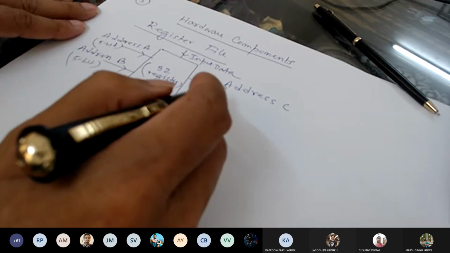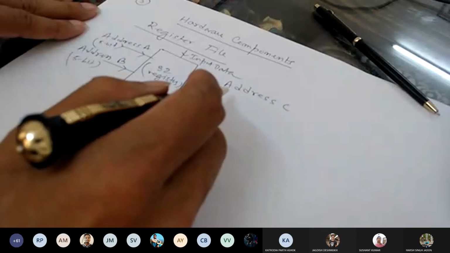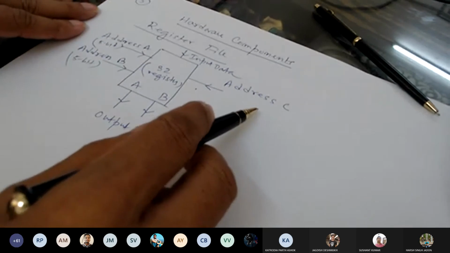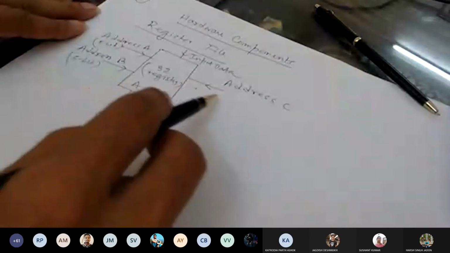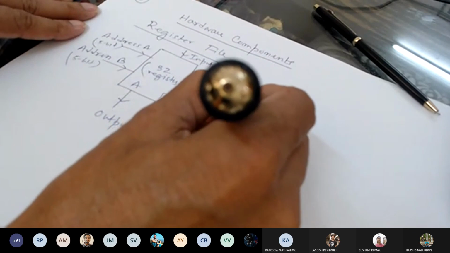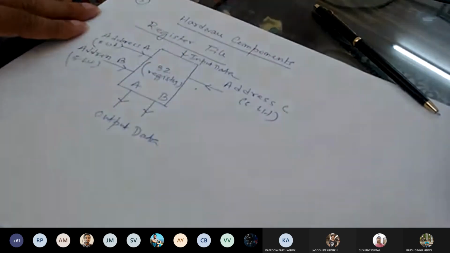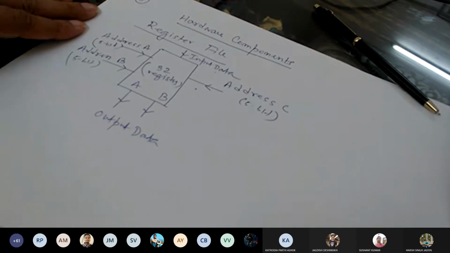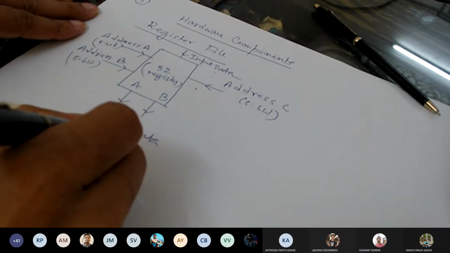Any value which will be written back into the register, you require an address. So this is also 5 bit. What about the size of the input data and A, B? Yes, these are all 32 bits.